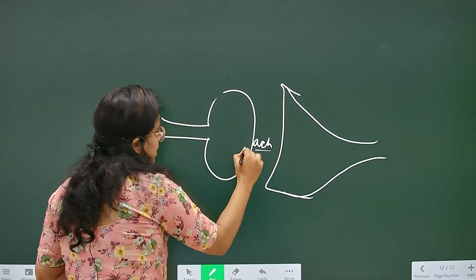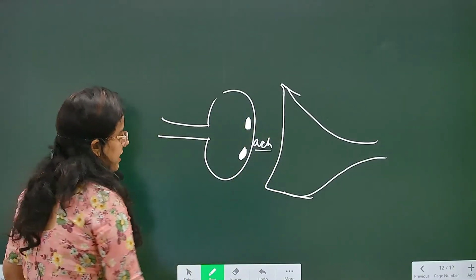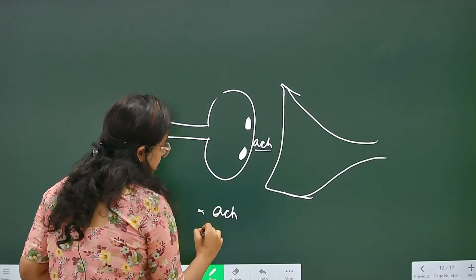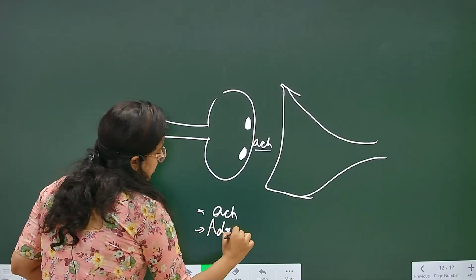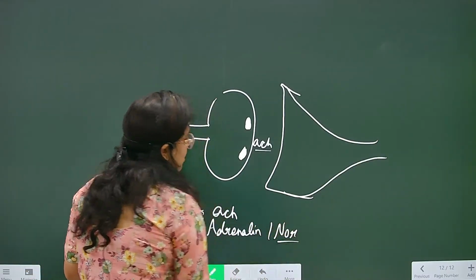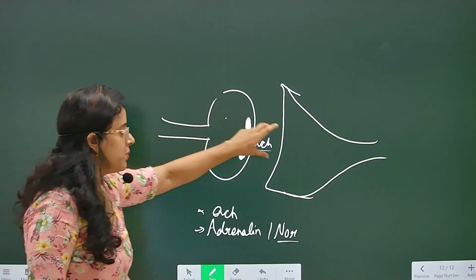These can be vesicles containing acetylcholine, ACH, or adrenaline or noradrenaline. So these are the neurotransmitters that are transferred from the axon ending to the dendrite.